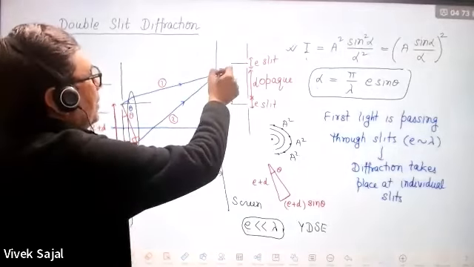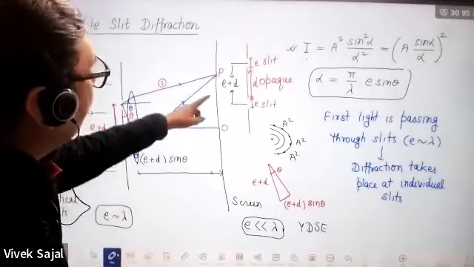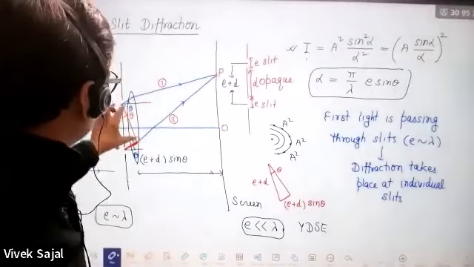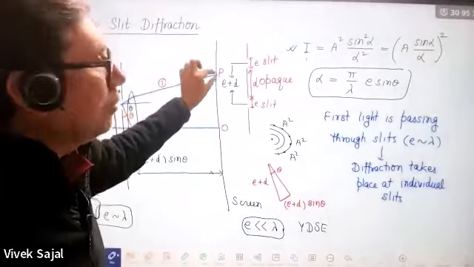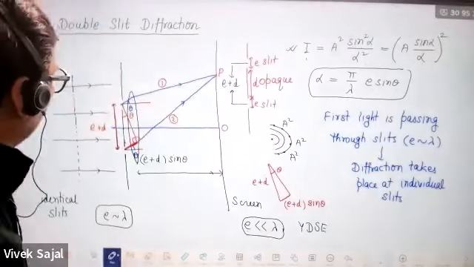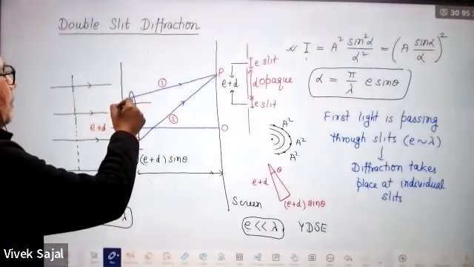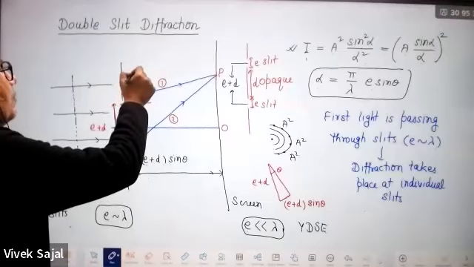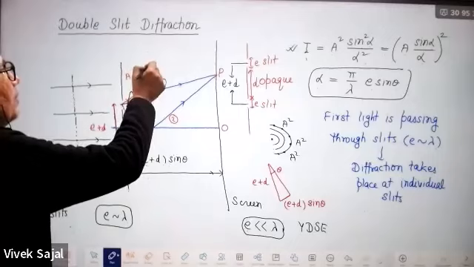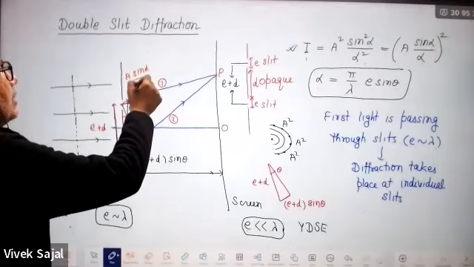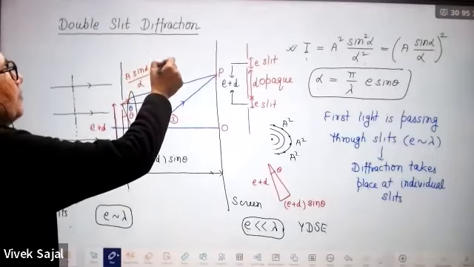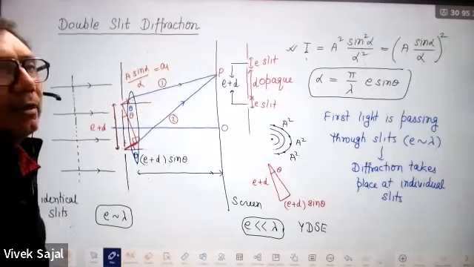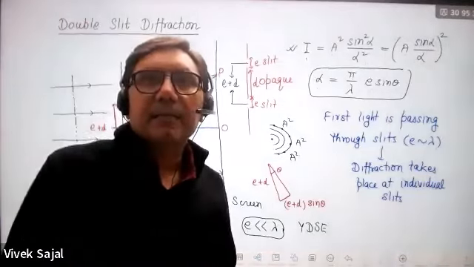I assume this point is P. What will be the intensity at this point P due to the interference of these two lights reaching point P? What will be the amplitude of this light? That will be A sine alpha upon alpha. You can say this is A1, because you are aware what the resultant intensity will be.